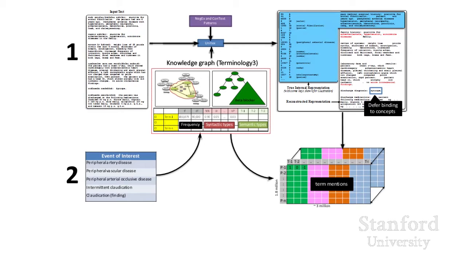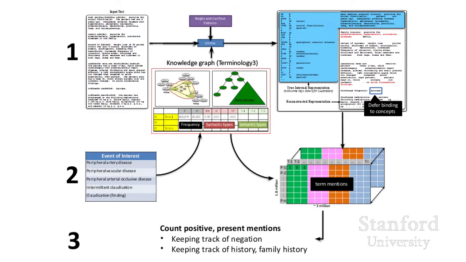And using that, go to this index, and that's what allows us to count the present positive mentions of things, keeping track of the negation, keeping track of the history and the family history, and that's what gets us the patient feature matrix that we would use in this kind of analysis.